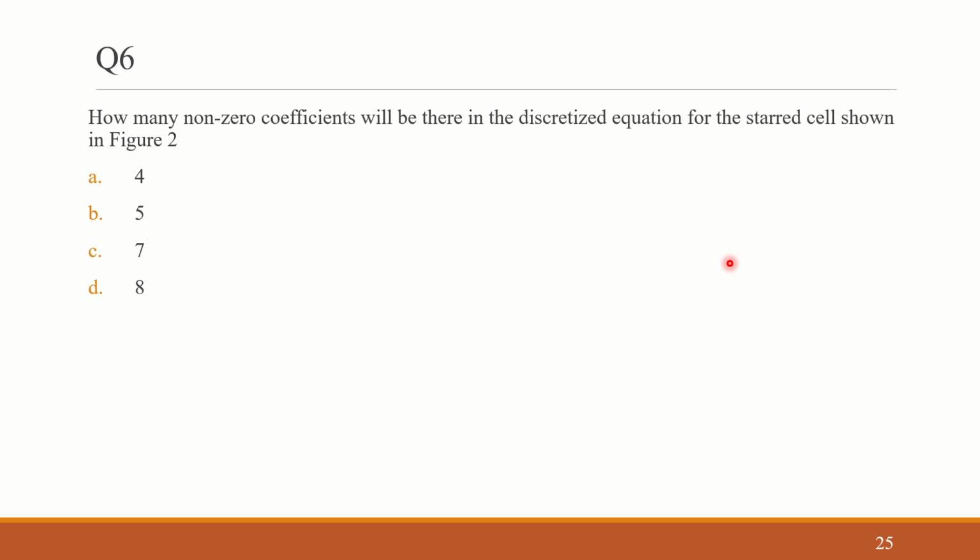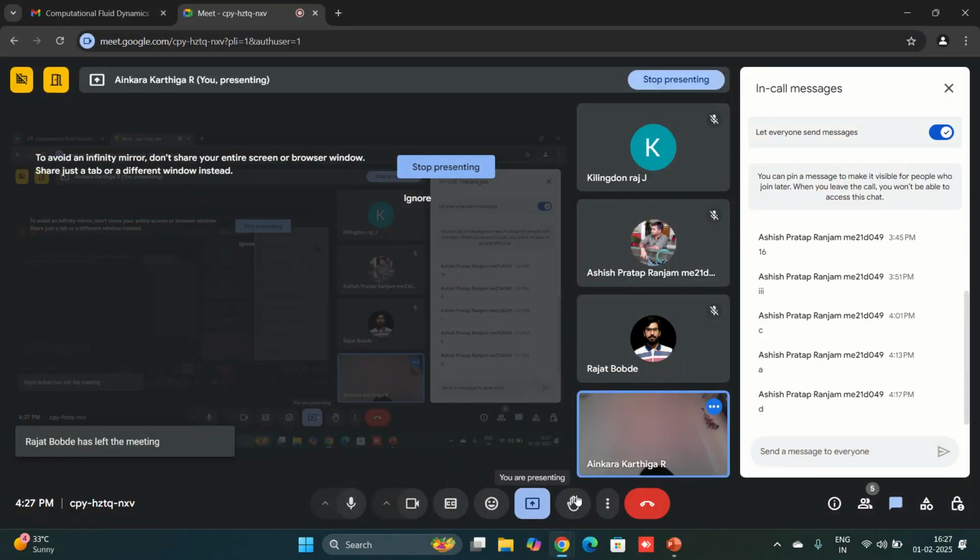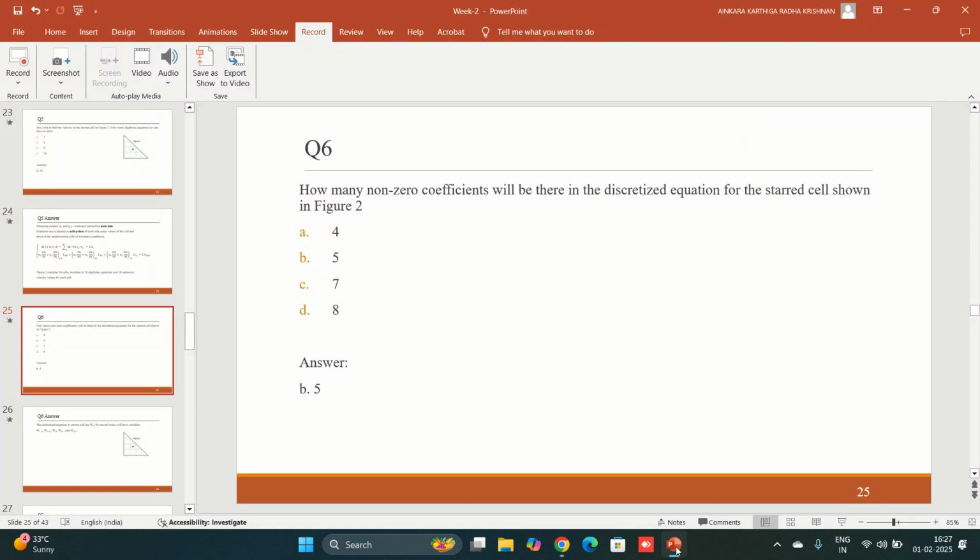Similarly, in the y direction we have one step forward and one step backward information, and the information in that particular cell. So on the whole we have 5 non-zero coefficients. So option B is the answer.